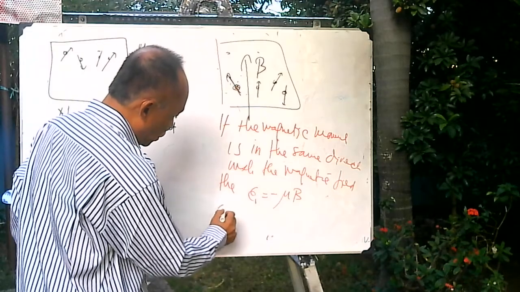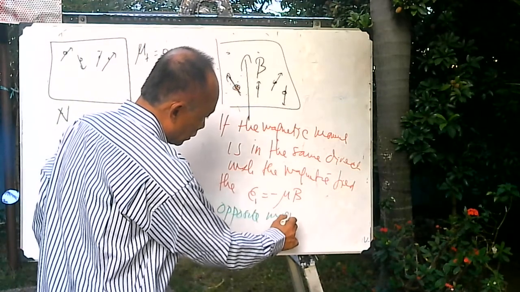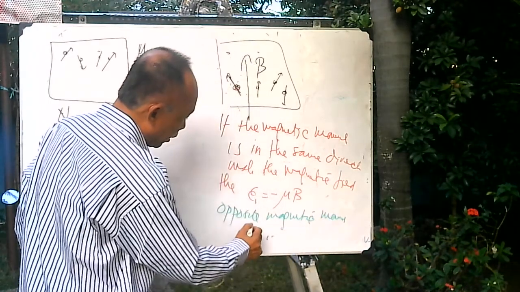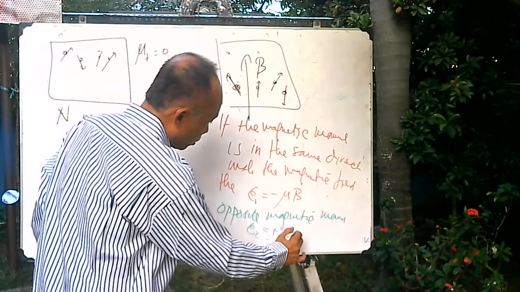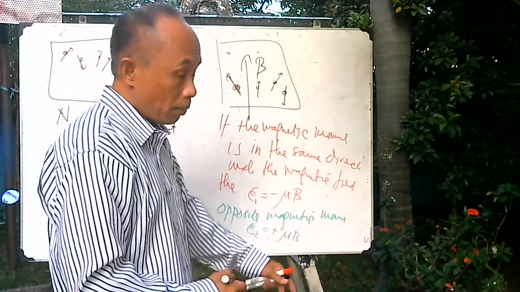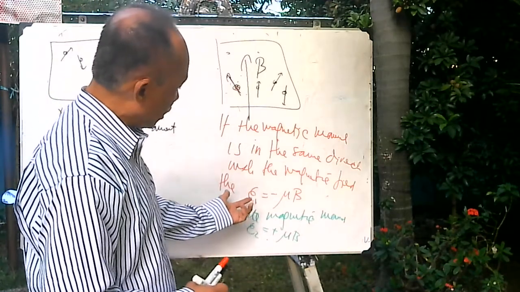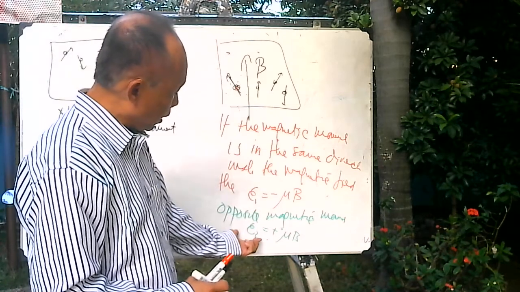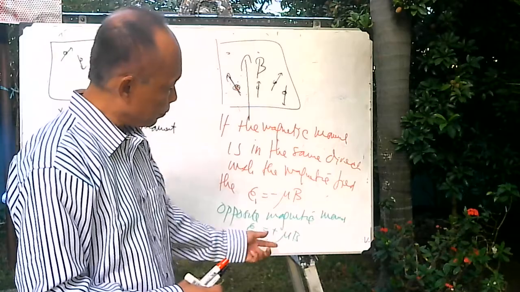Now for the opposite magnetic moment, we will have the energy epsilon 2 equal to plus mu multiplied by the magnetic field. So the energy of a magnetic moment that is parallel to the magnetic field is smaller than that of a magnetic moment having the opposite direction to the magnetic field.